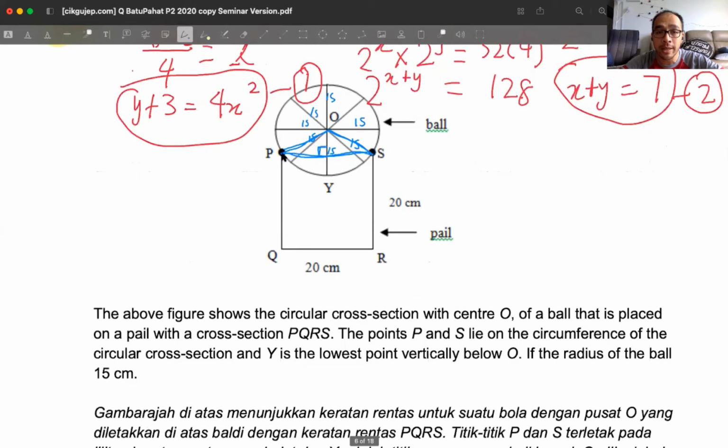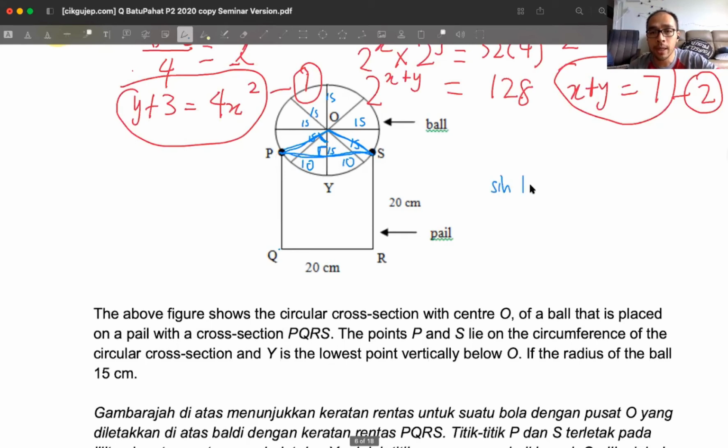We know that the distance from P to S is the same distance as Q to R. And so if this is 20, therefore this is 10 and this is 10. Now, whenever you see a right angle triangle with the hypotenuse over here, usually it is sine cos tangent. So I can find the value of this angle and then saya darab 2. I'm going to call this POY.